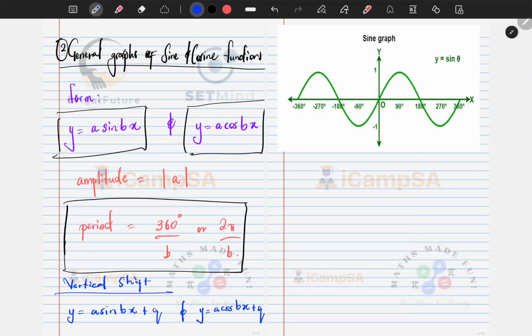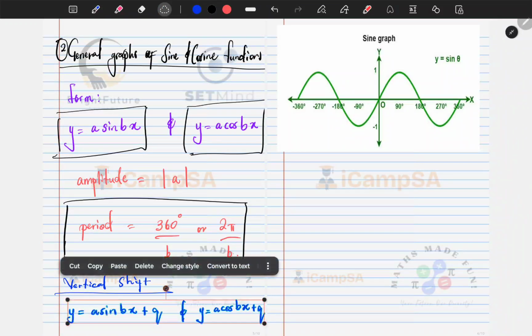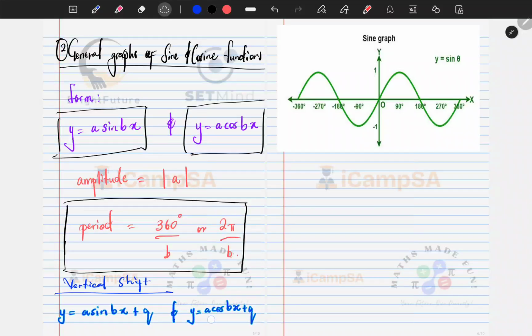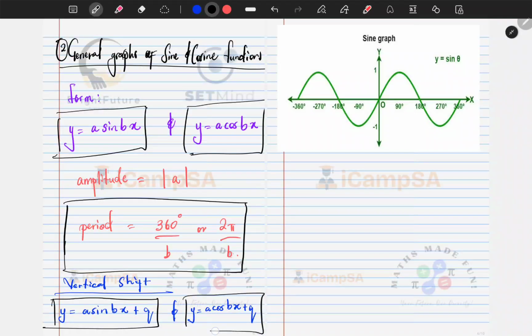That's how you would represent your vertical shift. I hope that's understandable. These are the general forms.